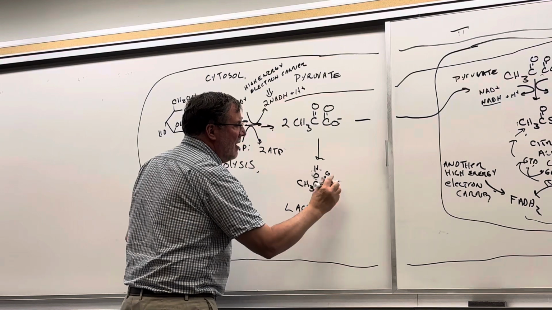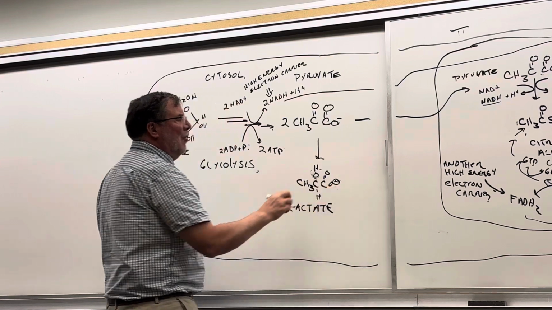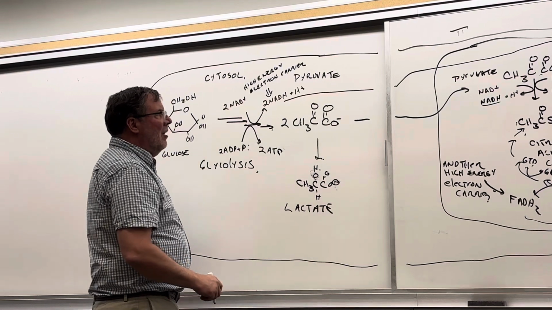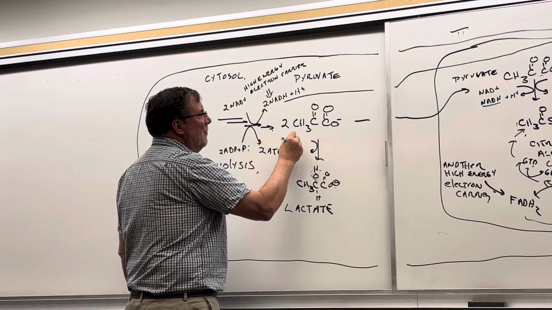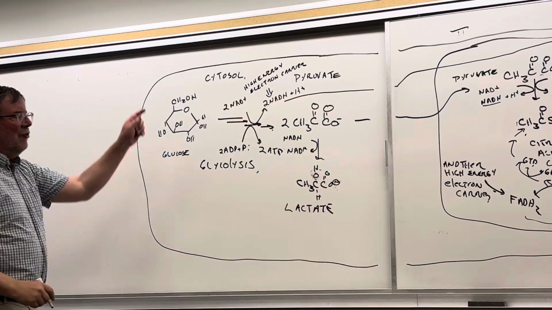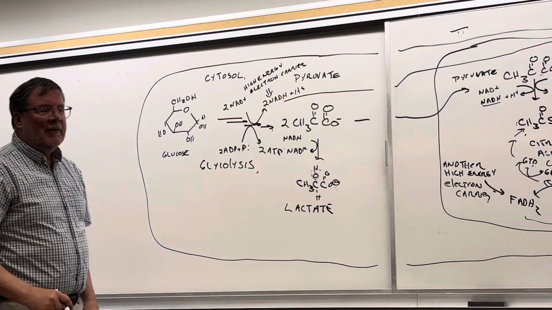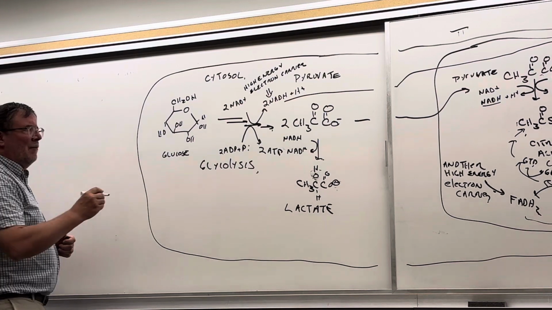Or actually, I could draw how it is physiologically, with a negative charge: lactate, or if I put the proton in there, lactic acid. What that ends up doing is it goes back the other way and takes NADH and makes NAD plus, and then that can feed back up in here. So it basically makes a closed loop, and you end up accumulating lactate. There's more detail about that, and we'll get there, but it's kind of fun from an exercise physiology standpoint.